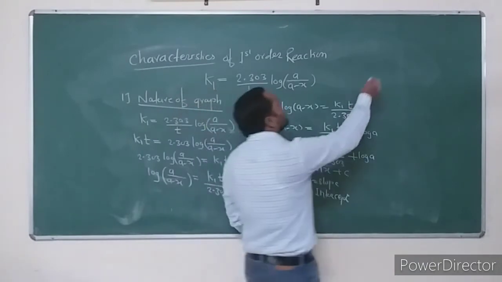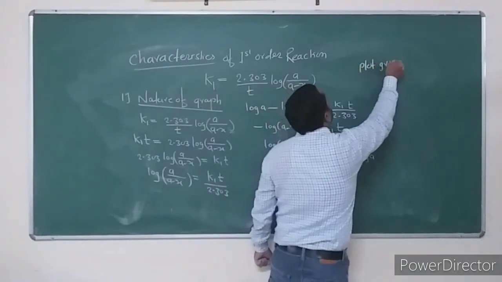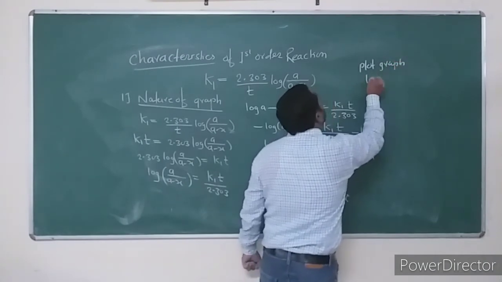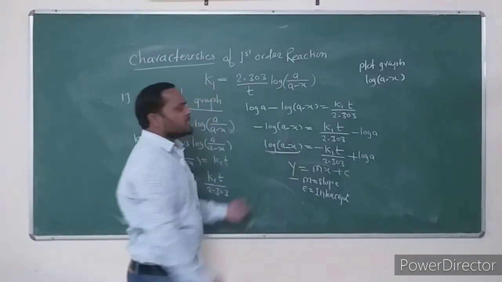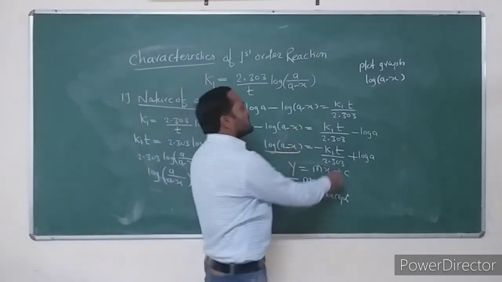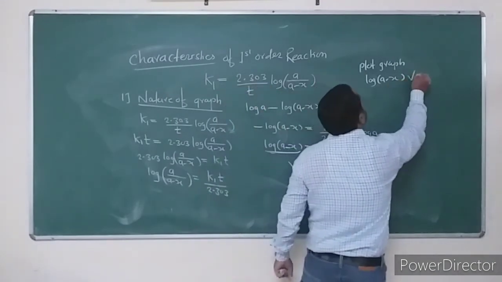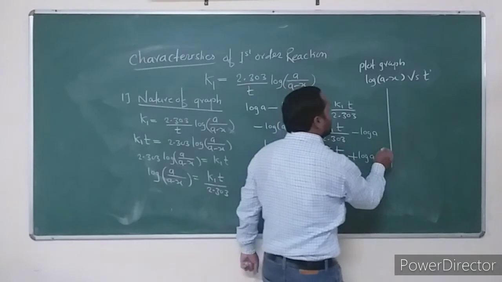Then we plot the graph. If we plot log a minus x against the time t, a straight line is obtained.